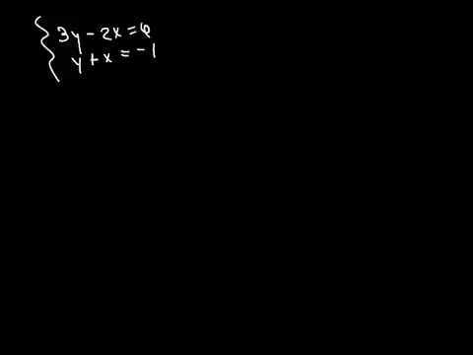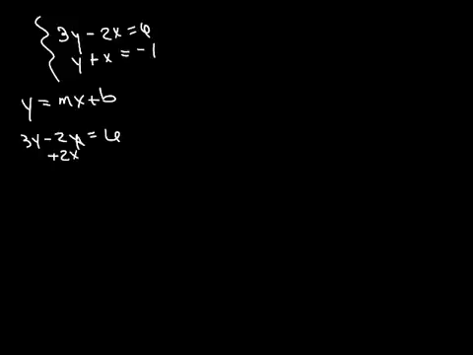So what you have to do with these, first of all, is change each one of these equations into the slope-intercept form. So we're going to change them both so that each one of them looks like that. Let's take the 3y minus 2x equals 6, and set it up into y equals mx plus b.